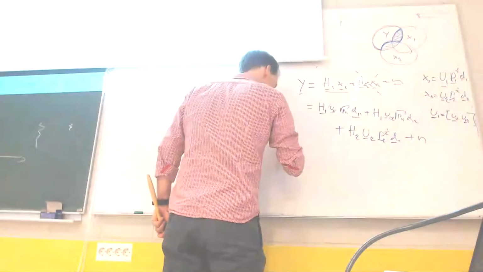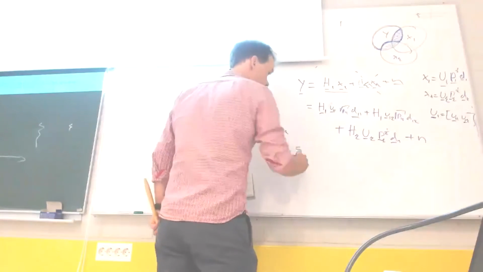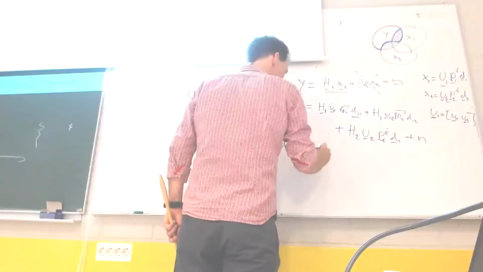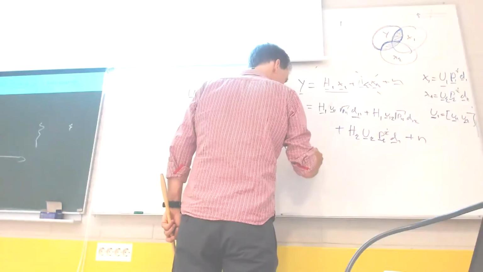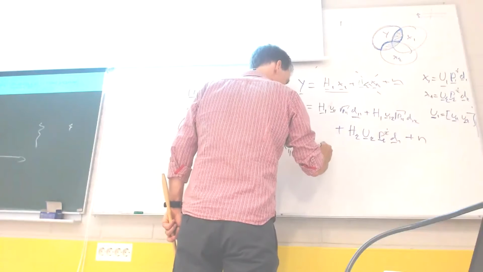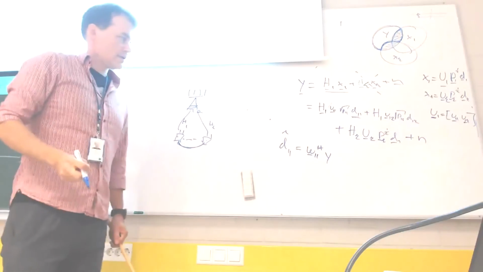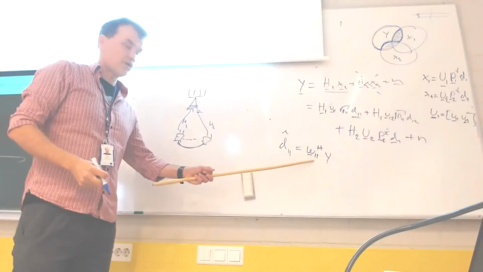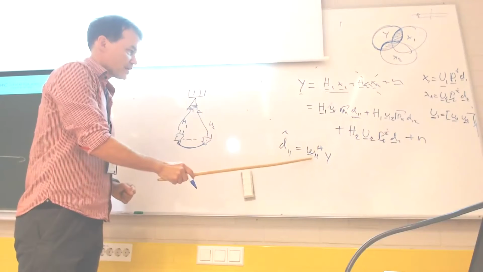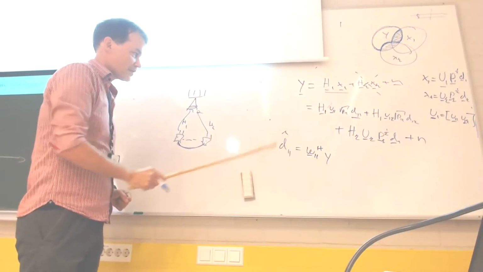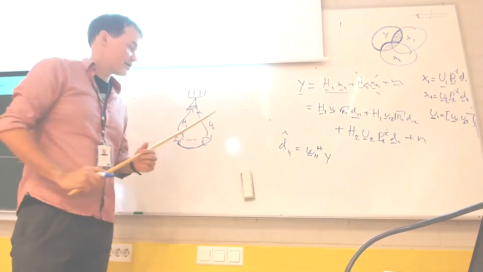So we would like to get an estimate of d11 out of Y. We need to find the optimum receive beamformer for this stream 11. So we have to find a beamformer w11 which helps us extract d11 out of Y.